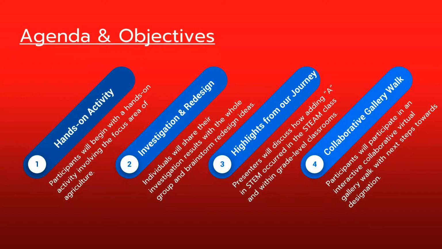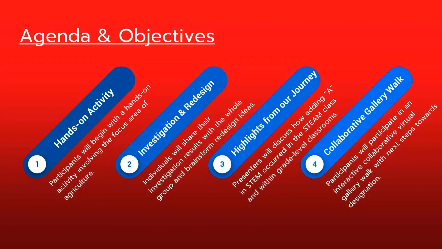So our agenda and objectives today include a hands-on activity first. Each of you will have the opportunity to participate in this activity involving the focus area of agriculture. Then you will have the opportunity to investigate and redesign and brainstorm other redesign ideas.